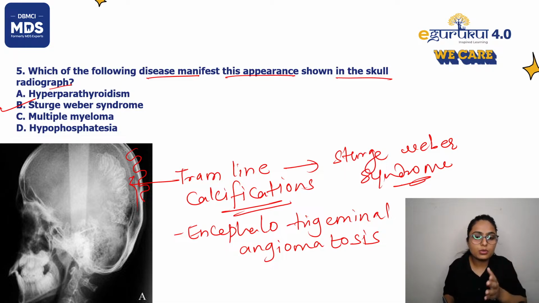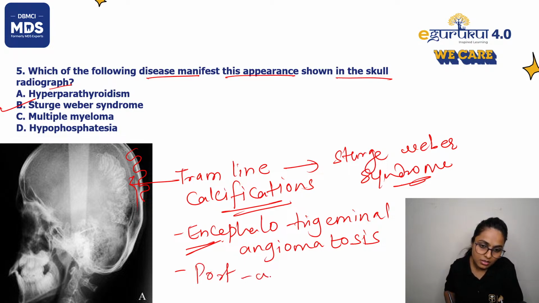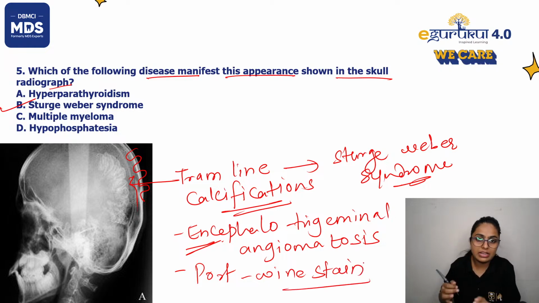So they can give you this synonym also in the options, so you should be able to mark the correct answer. Then the characteristic sign of Sturge-Weber is port wine stain, which is basically a superficial hemangioma manifest on the facial skin.